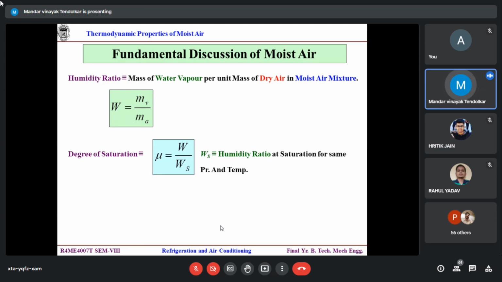Degree of saturation, extent of saturation, whether it is 40%, 90%, 10%, whatever it is. So the moisture which is right now available in this class is my regular condition W. And the maximum moisture this air in the class can hold is Ws.